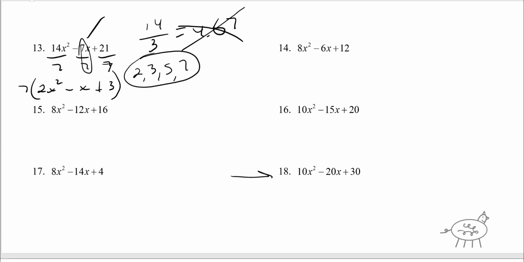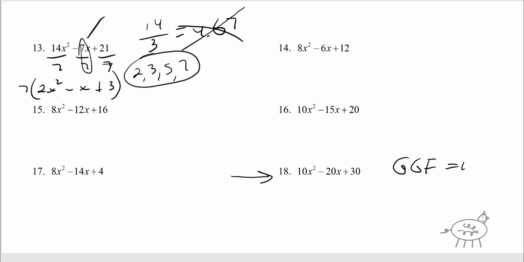Let's do this one right here. You see it's 10, 20, and 30. So what number goes into 10, 20, and 30? You should say your greatest common factor is 10. So I can divide each of these by 10. And remember, you have 1, 2, 3 terms.